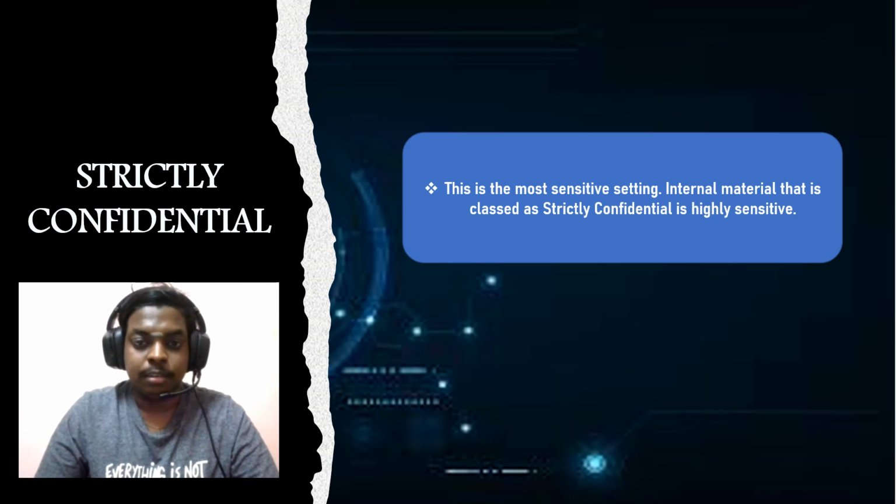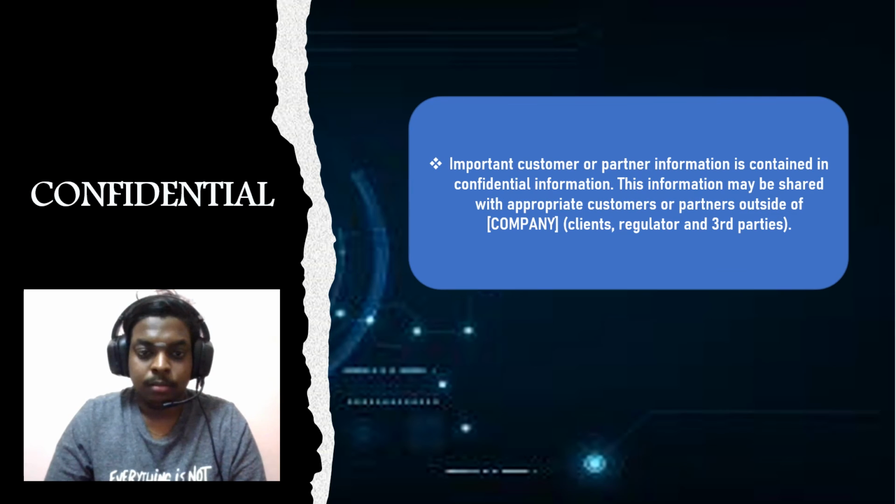Strictly confidential. This is the most sensitive setting. Internal material that is classed as strictly confidential is highly sensitive. This information cannot be shared with others and must be used, processed, and shared only by those who have been identified. Next is confidential.